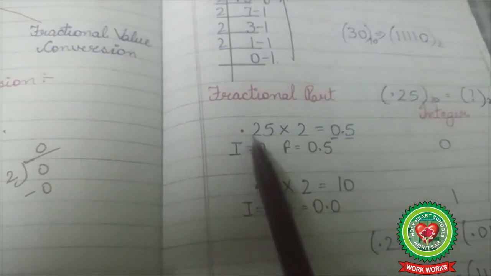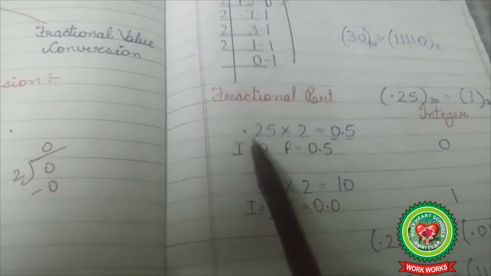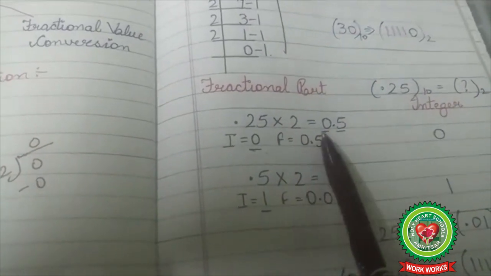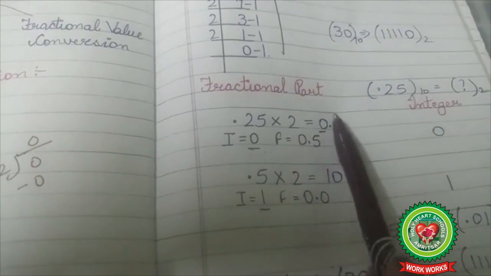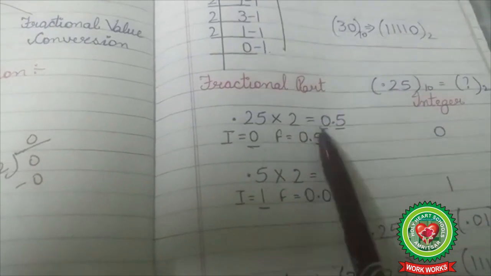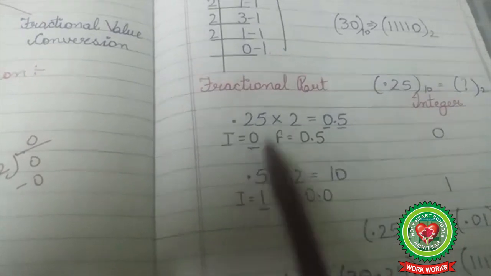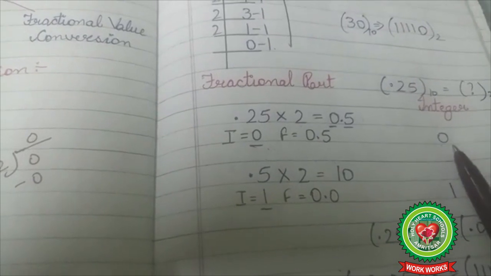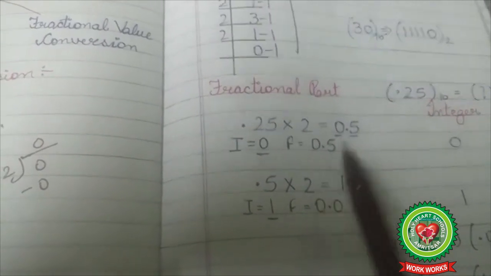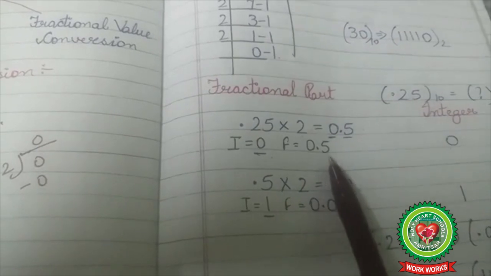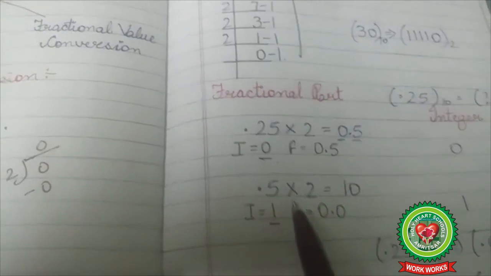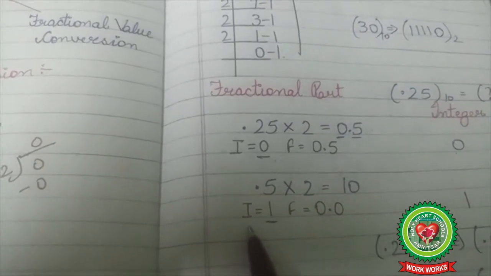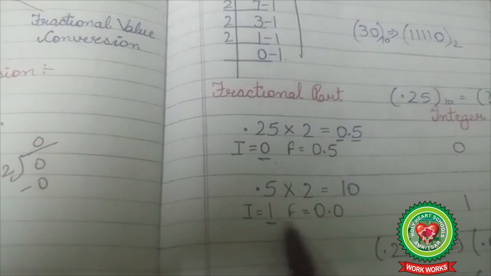Here we are going to multiply the fractional part with 2. The answer is 0.5. Here 5 is the fractional part and 0 is the integer. We have to write the integer on a side, so I have written 0. Next, again we multiply the next fractional part, 0.5, with 2. The answer is 1.0. So 1 is the integer and 0.0 is the fractional part.